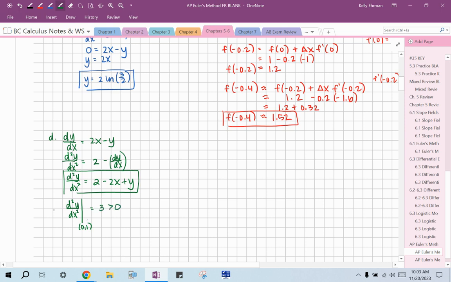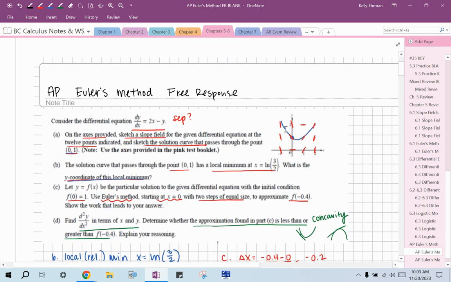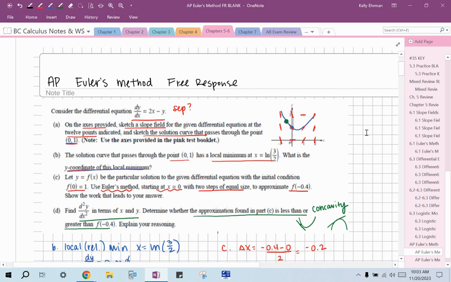But this is honestly optional because I would just say the slope field shows f of x is concave up at x equals negative 0.4. It's really at more than that, but this entire curve, including this specific point we're talking about, like right here-ish, is concave up.